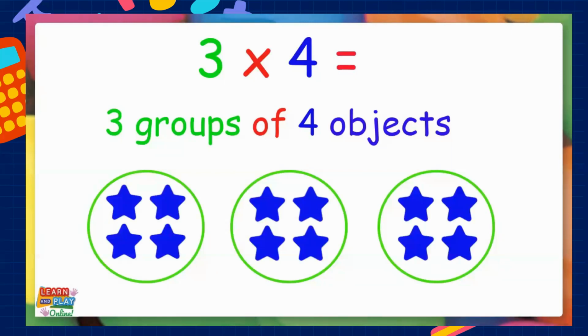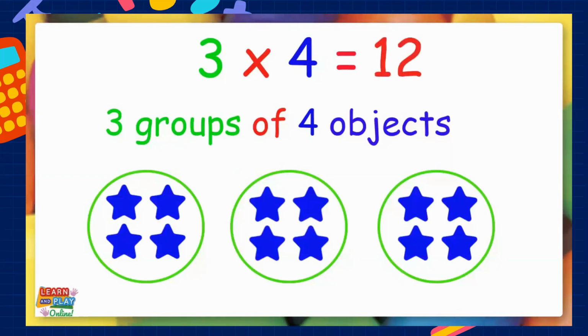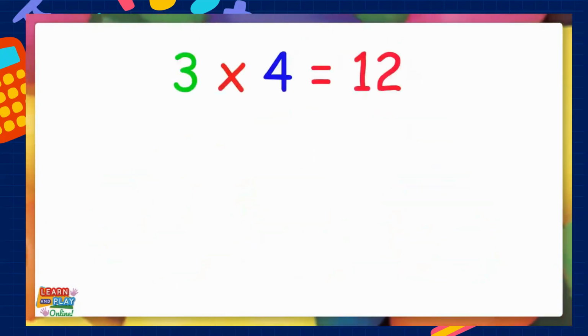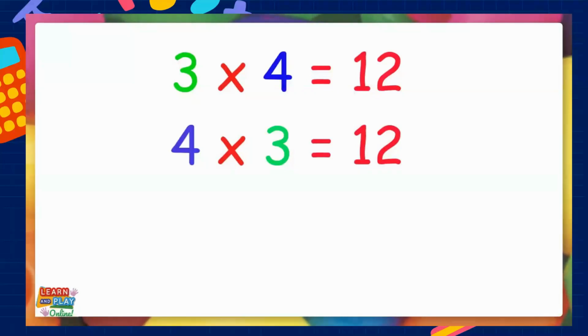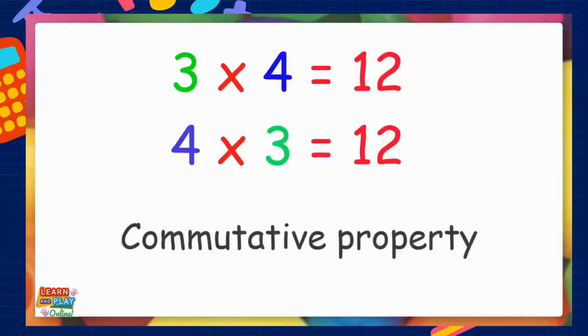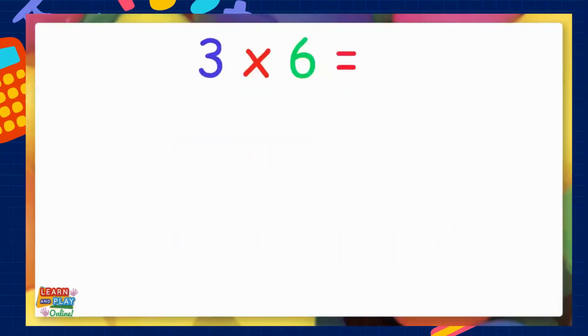Now have a look at how many stars we have altogether. 12 stars. That's right. So the answer to 3 times 4 is also 12. As you can see, 3 times 4 equals 12 and 4 times 3 also equals 12. This is called the commutative property, which means that we will get the same answer even if we swap the numbers over. Let's try another question.